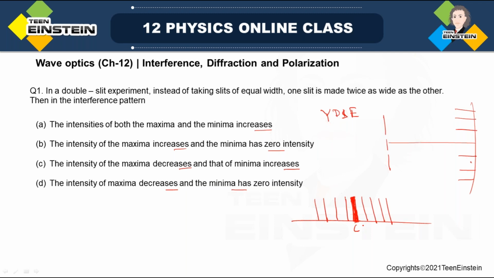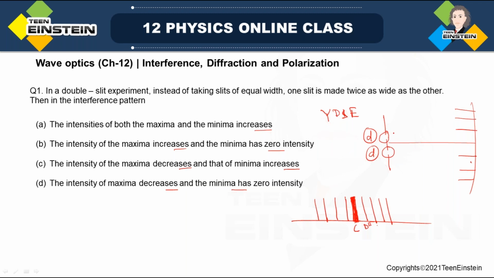This region is dark, this is bright again, so dark, bright, it will go like that. So the question is about when the widths were the same. Suppose the width were some d, in both the cases.